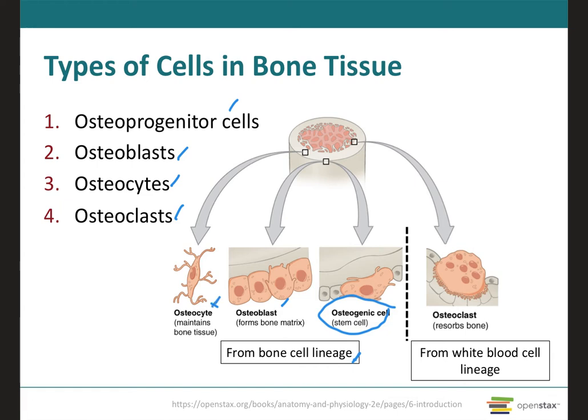Basically, one will give rise to the other, starting from the osteoprogenitor cells, which are really stem cells that originate from the mesenchyme cells. The 4th cell, the osteoclasts, actually originates from the white blood cell lineage. Let's talk in more detail about each of these cells in the next few slides.